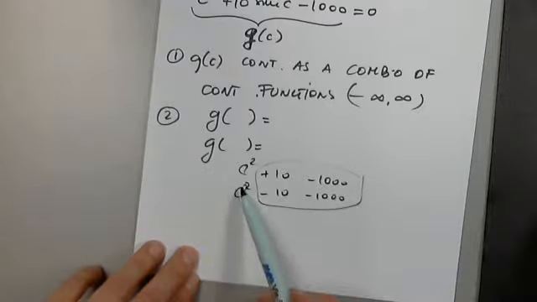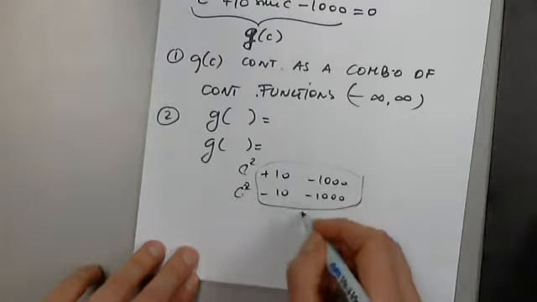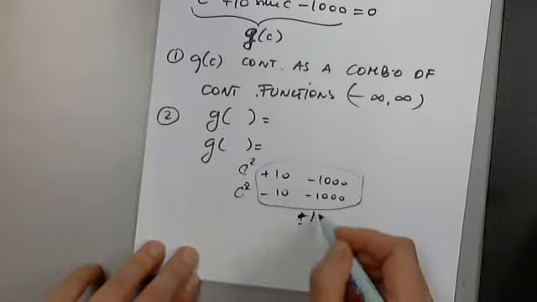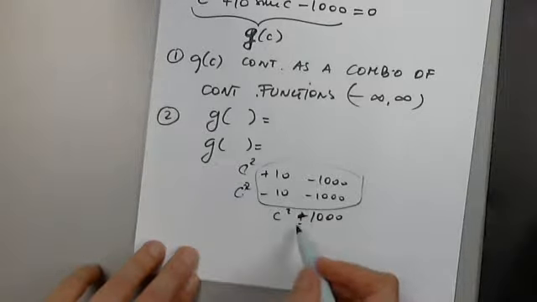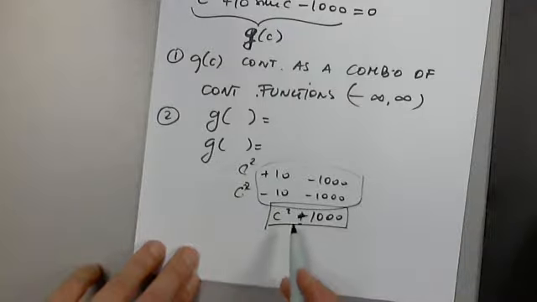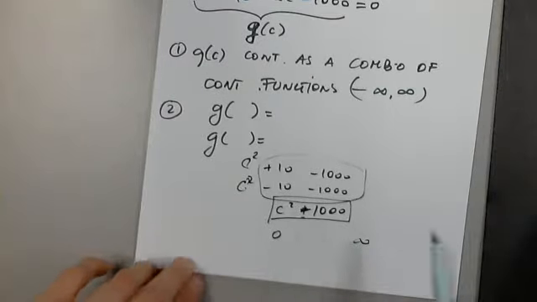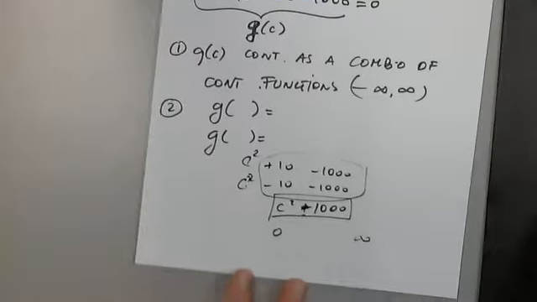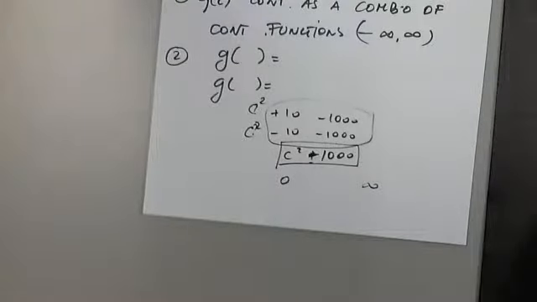So this is c squared minus 1,000, and c is definitely between 0 and infinity. So what can c squared minus 1,000 be? I will look definitely on the positive side.